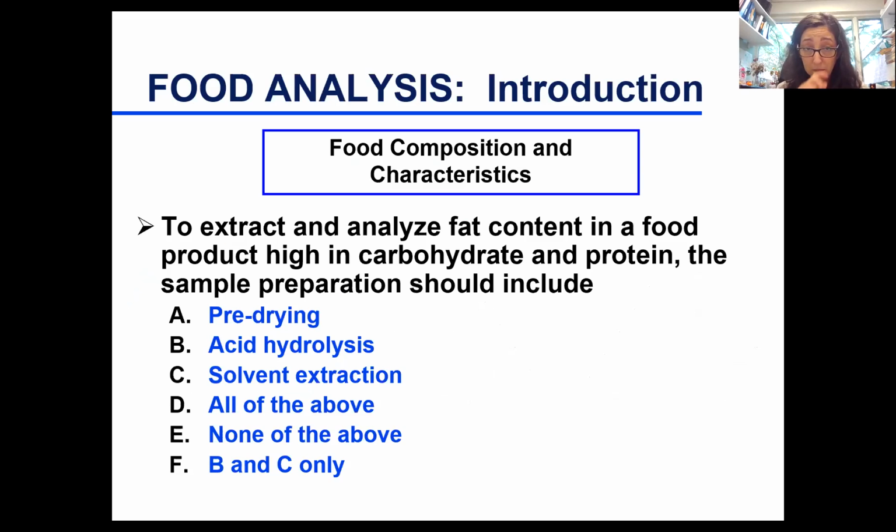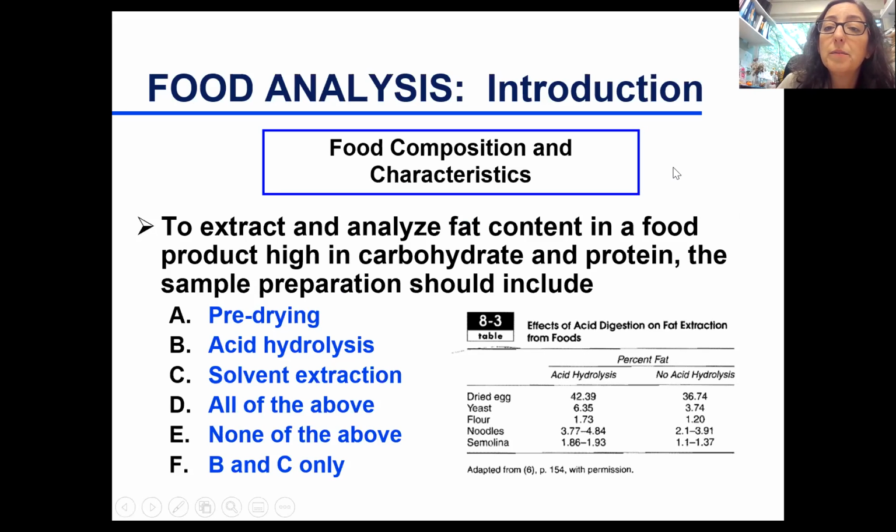And the food product is high in carbohydrate and protein. So for sample preparation, when you answer, don't give me just a letter, but next to your answer, tell me why you think that is the correct answer. Quickly. All right, let's have you do that.